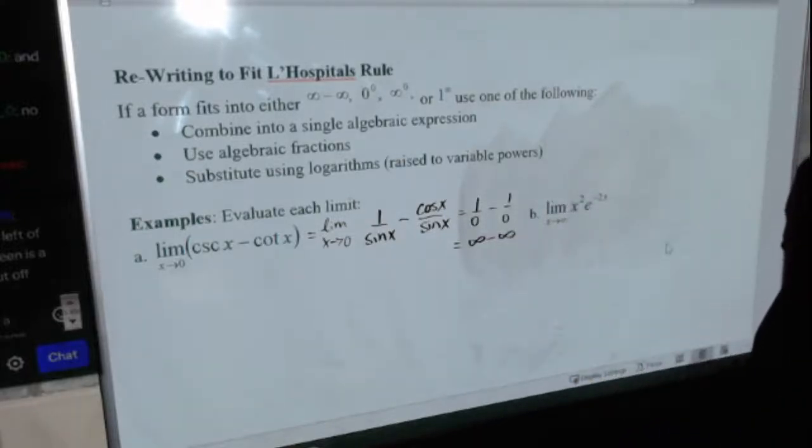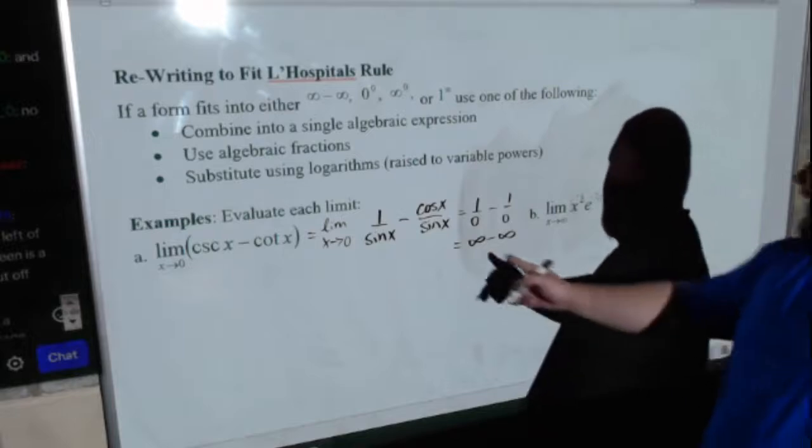And if you think about it, right, it's 1 divided by a really small number. So that gets to be a really big number. So that's one of the other forms.